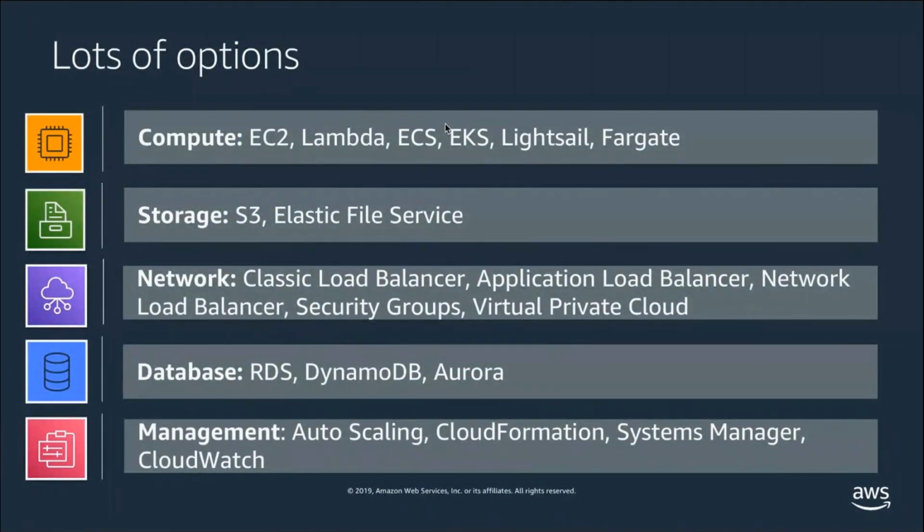Well, AWS provides customers with lots of different options for building their web services in the cloud, and these can be thought of as building blocks. We've got all kinds of building blocks for compute, storage, networking, database, and management. Customers can build pretty much anything with these different kinds of building blocks.